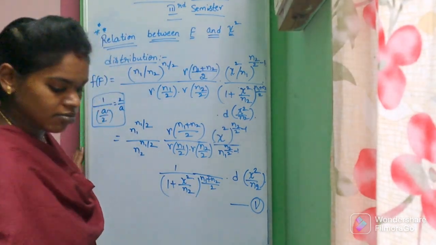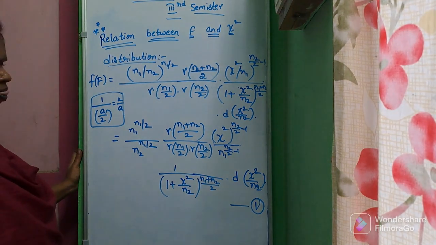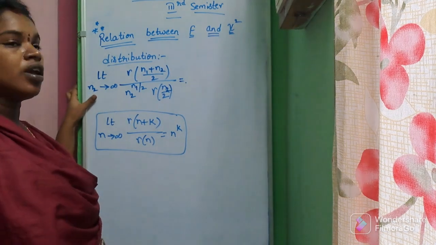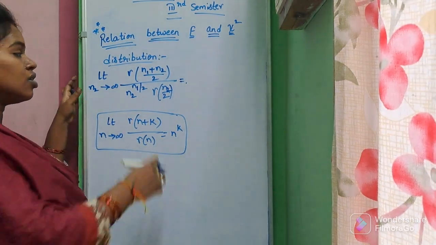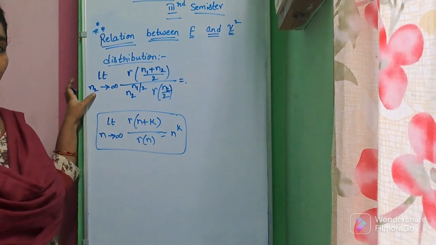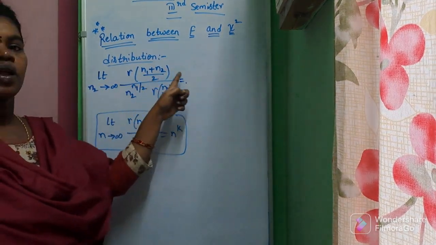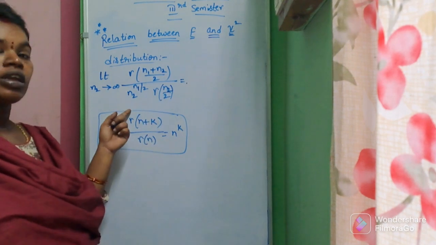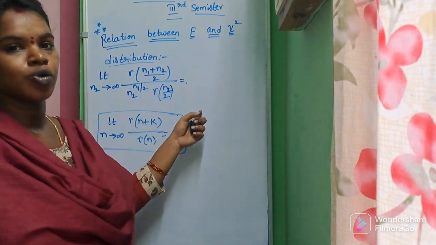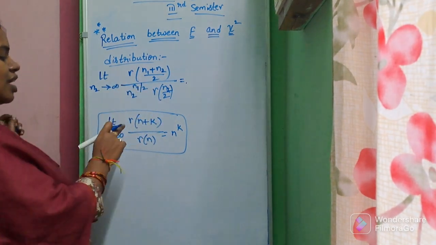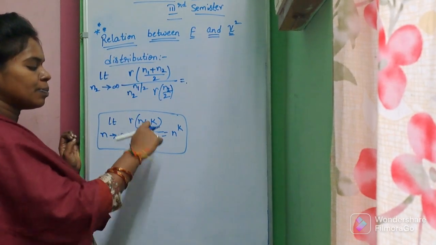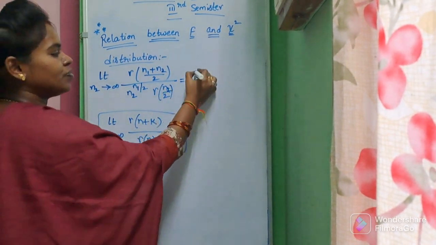Here, wait a minute. Here we have to apply the limit n tends to infinity for the first part. I am applying the limit n tends to infinity of gamma of n1 plus n2 by 2 by n2 power n1 by 2 into gamma of n2 by 2. This looks like limit n tends to infinity gamma of n plus k by gamma of n.